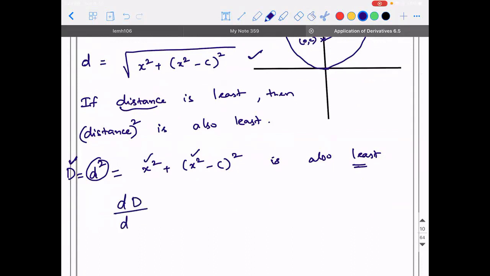Derivative of capital D with respect to x is how much? It is 2x plus 2 into x square minus c into 2x is equal to 0.